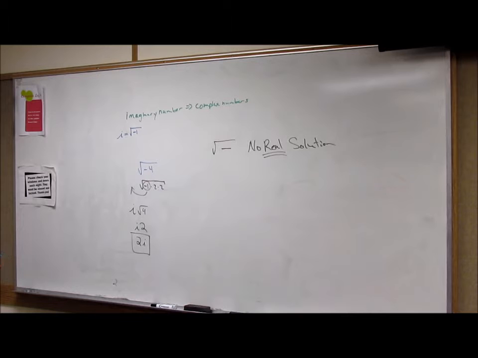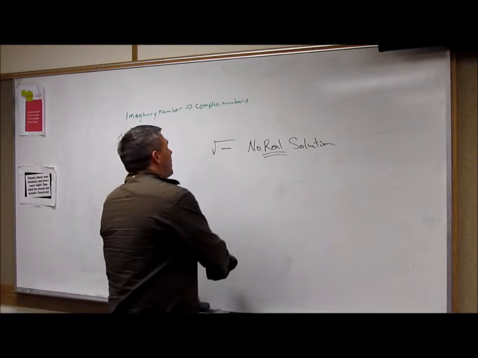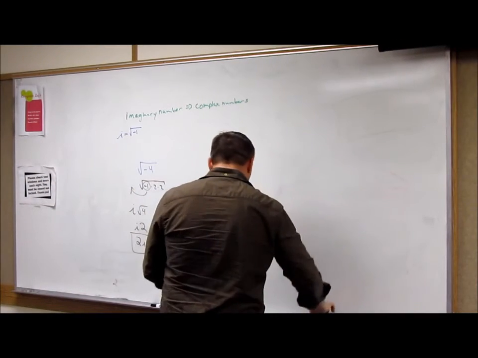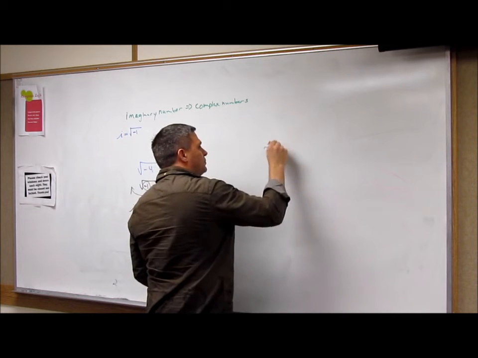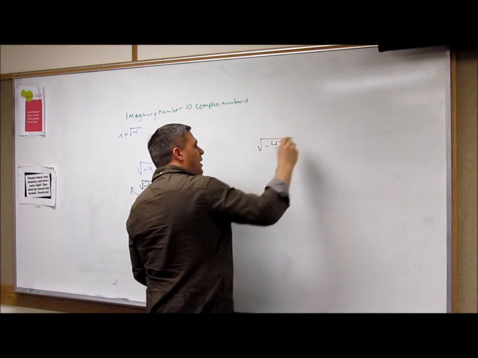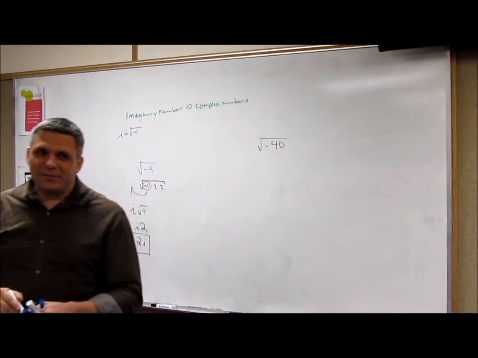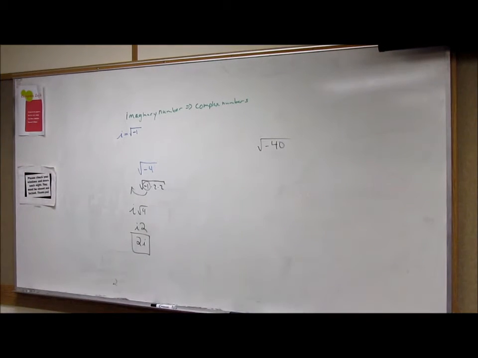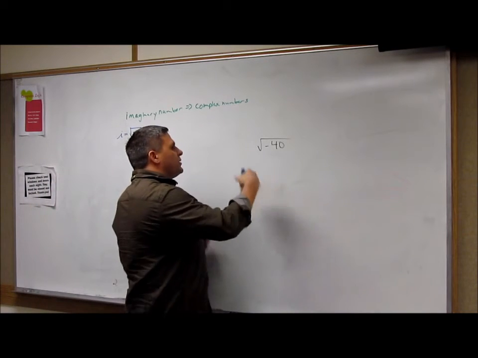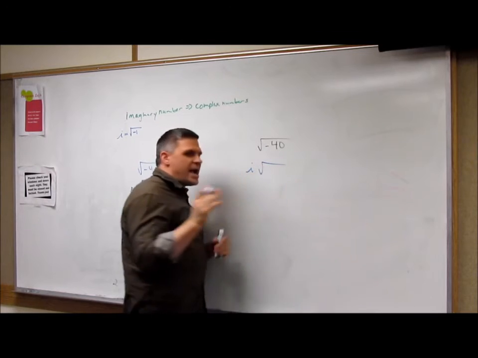It's not too bad. So let's do one a little harder: the square root of -40. Of course, every problem is going to be negative, because that's the point of an imaginary number. It's the square root of a negative number. Let's break it down. Again, I get to pull out the i, and the i's done.